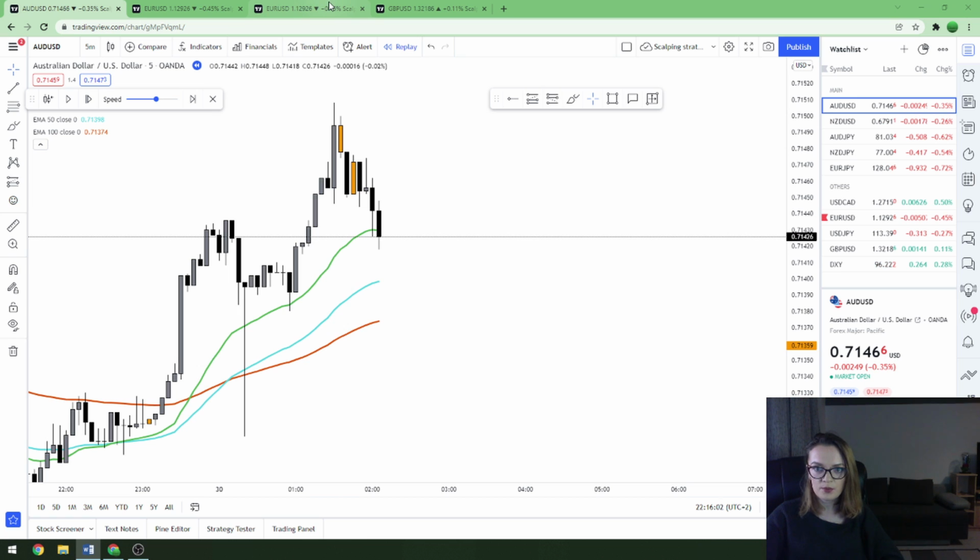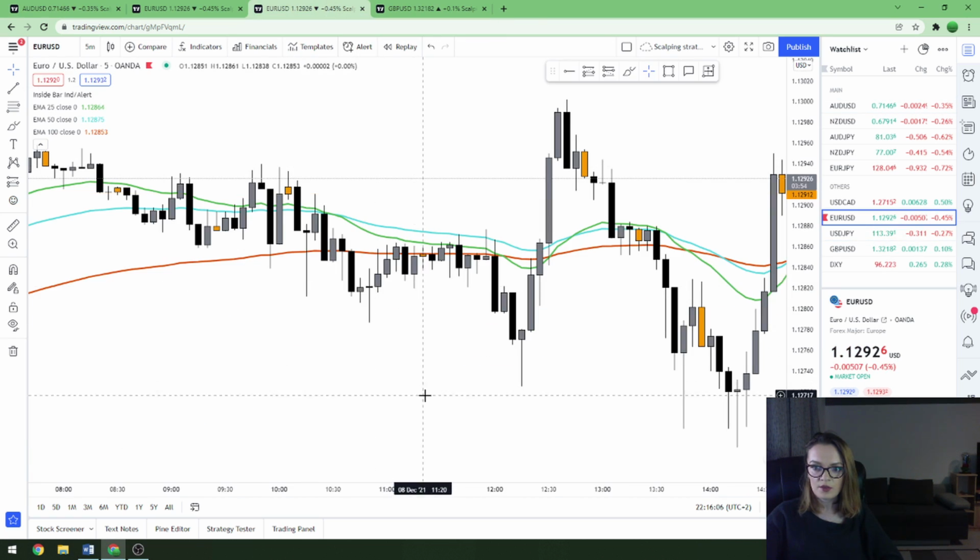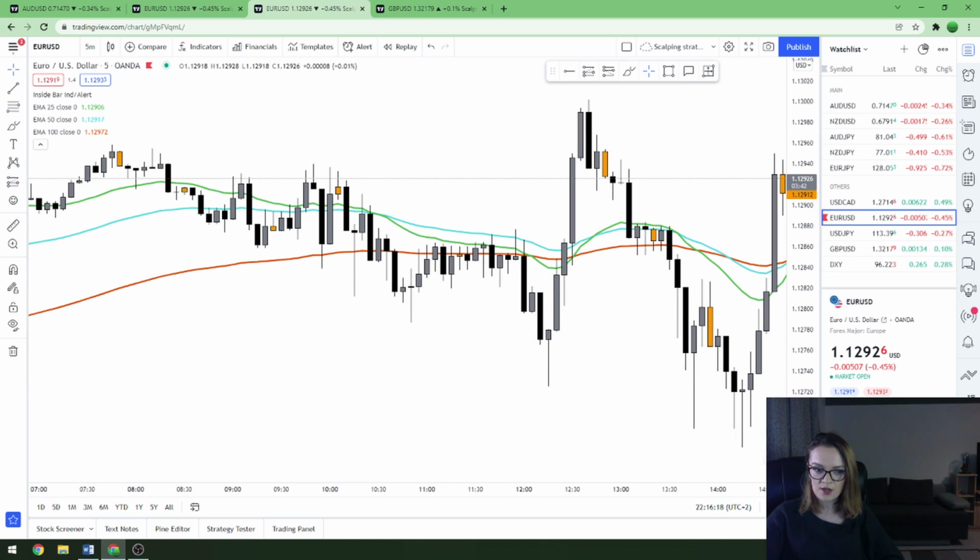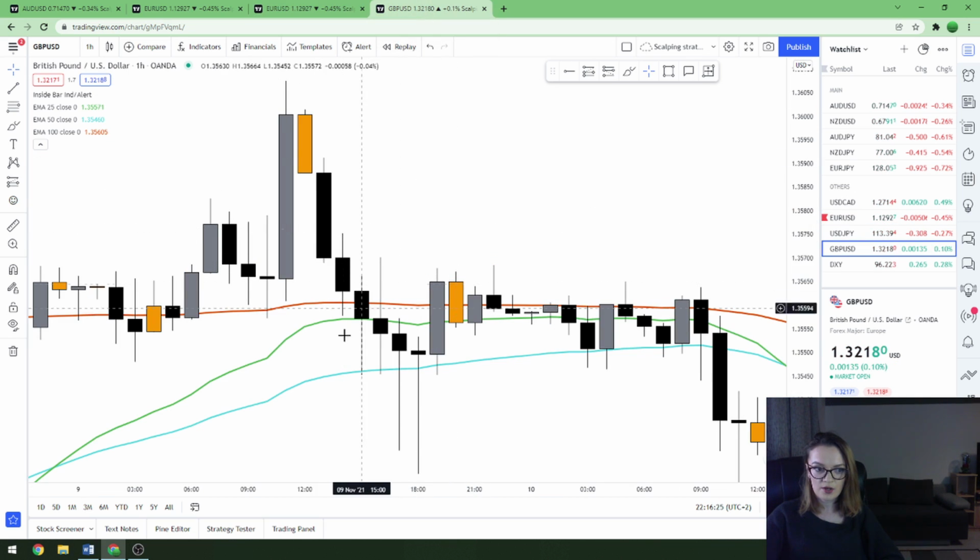I have an example for you, like this one. So we have to avoid these ranging markets because these EMAs are always crossing, we don't actually have a trend here, and it's kind of a messy price action. Also, I have another example for you that we have to avoid in this strategy.